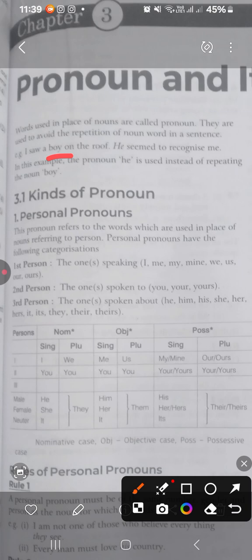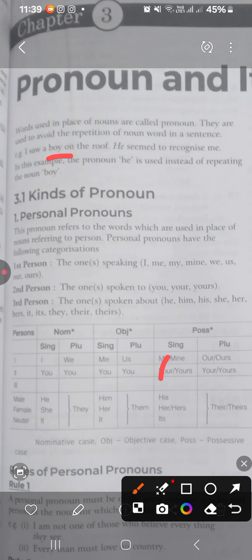We are not using a boy again. In lieu of a boy, we are using the pronoun he. So in this example, the pronoun he is used instead of repeating the noun boy. Now we are going to study kinds of pronoun.